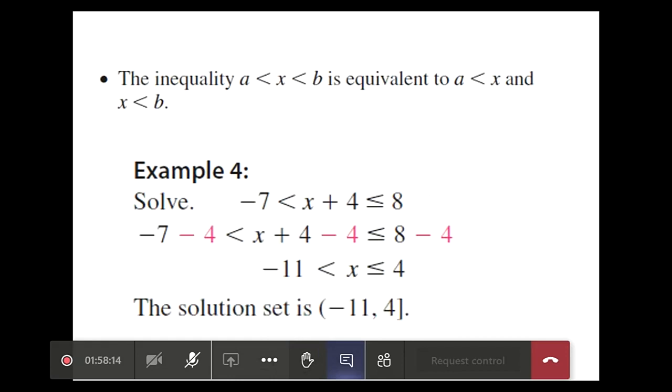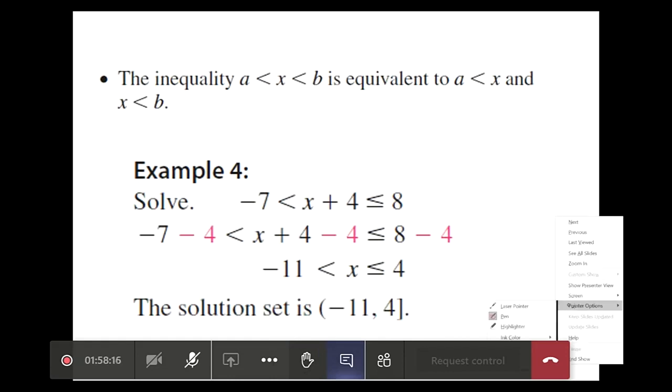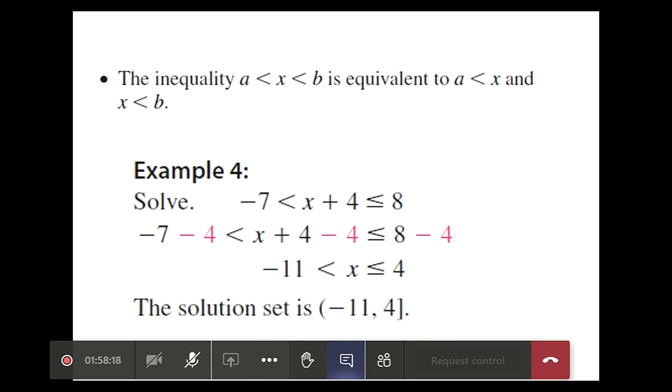Sometimes we have two inequality signs in the same inequality, like this. Look at this example. We have 4, so put it here, and we have negative 4. Move 4 to both sides, to the left and right. When we move the positive 4 to the left and right, we have negative 4 for both sides, like this.